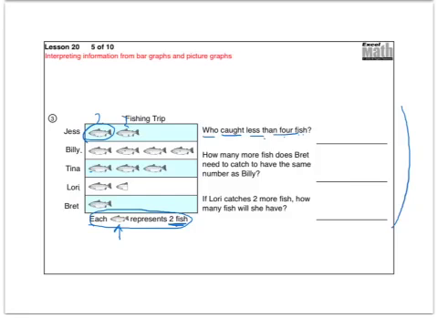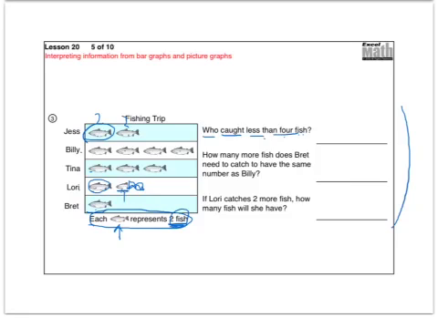But if you look at Lori here, Lori caught 2 there, and then this picture has a half of a fish. See, the rest of it would be out there. And they didn't show that part, which means that this half of this fish is half of the 2. That means that's 1 fish right there. So you have 2 fish and 1 fish, which makes a total of 3 fish.